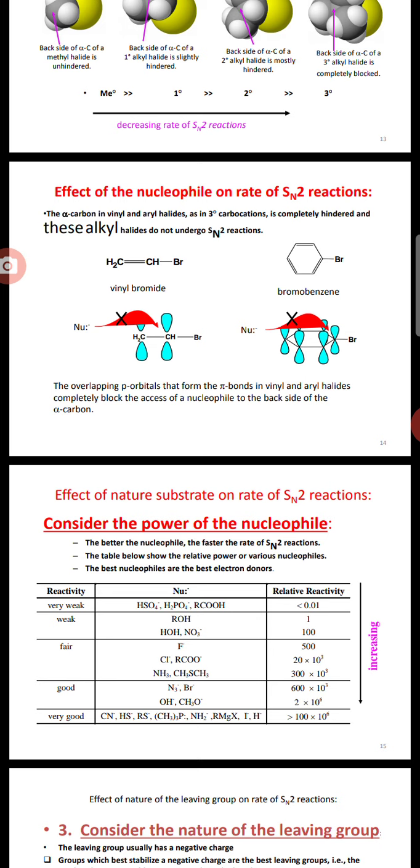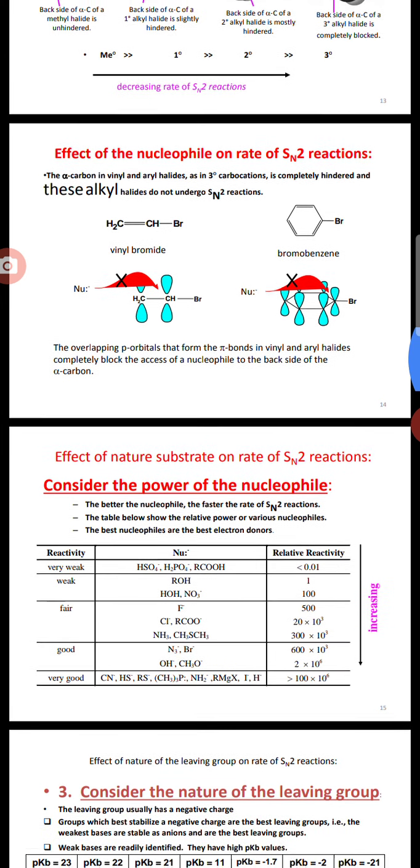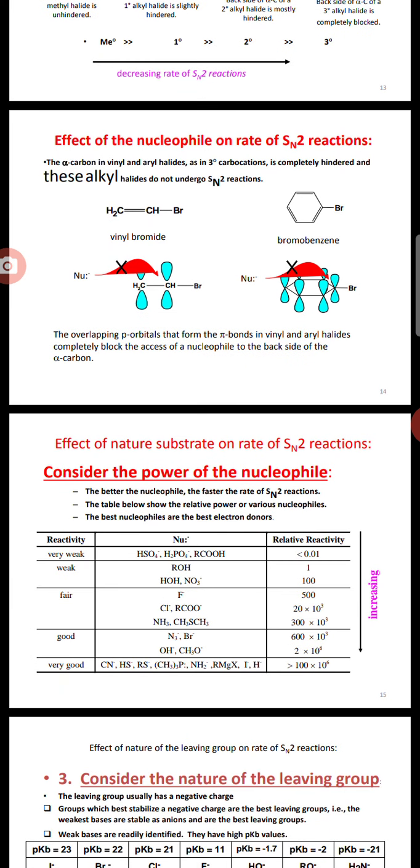Fluoride, chloride, acetate, ammonia, and thiols are all fairly reactive. Nitrite, bromide, hydroxyl, and methoxide have good nucleophilic power.